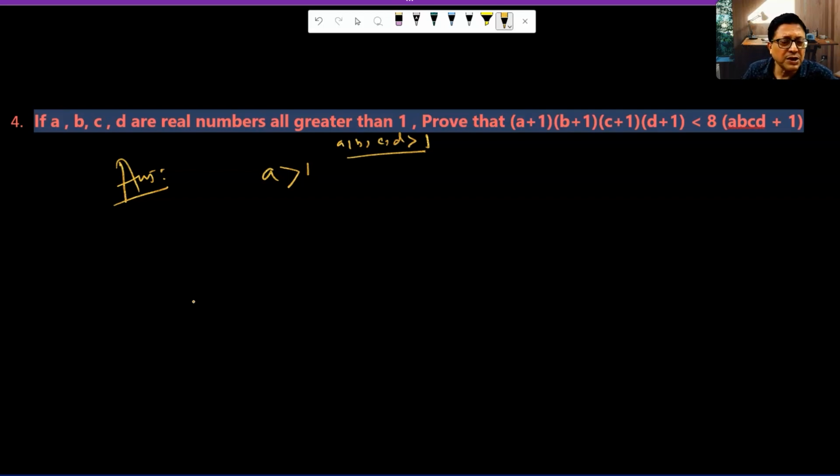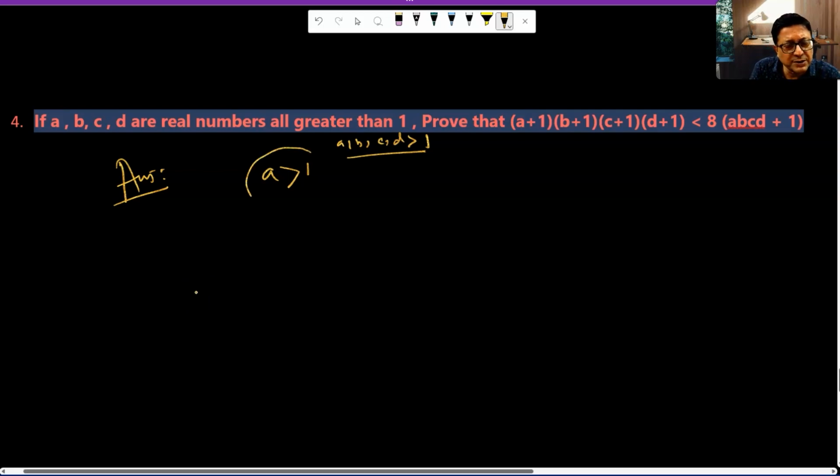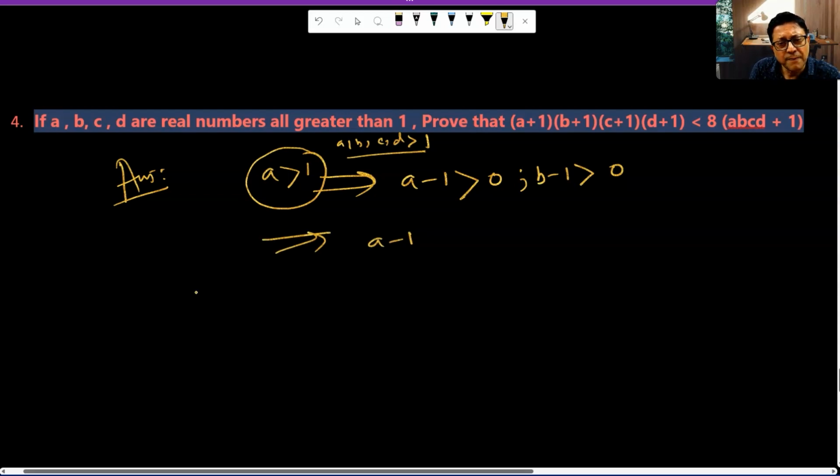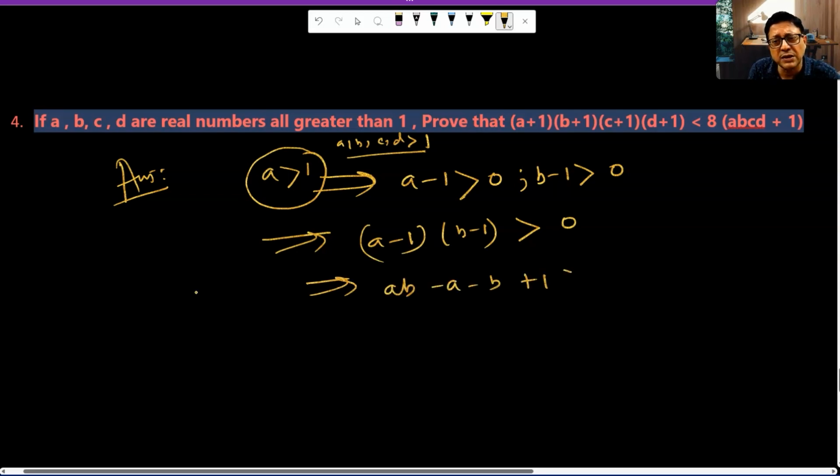Let us use the information given here. A greater than 1. What does this imply? A minus 1 greater than 0. Similarly, we can write B minus 1 greater than 0. So what does this imply? A minus 1, B minus 1 greater than 0. This implies AB minus A minus B plus 1 greater than 0.